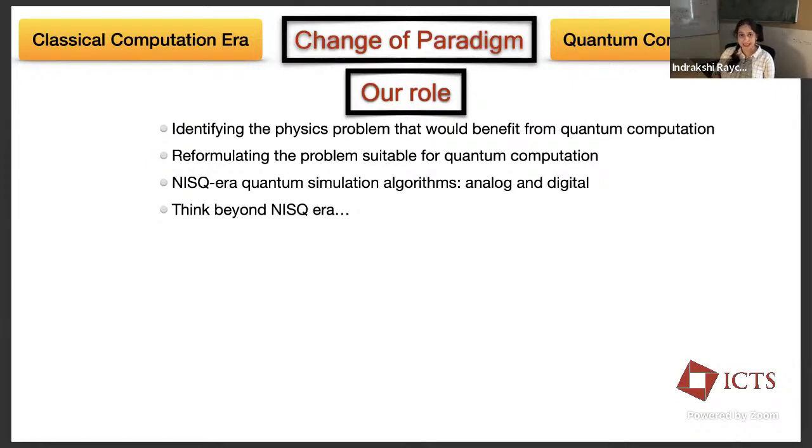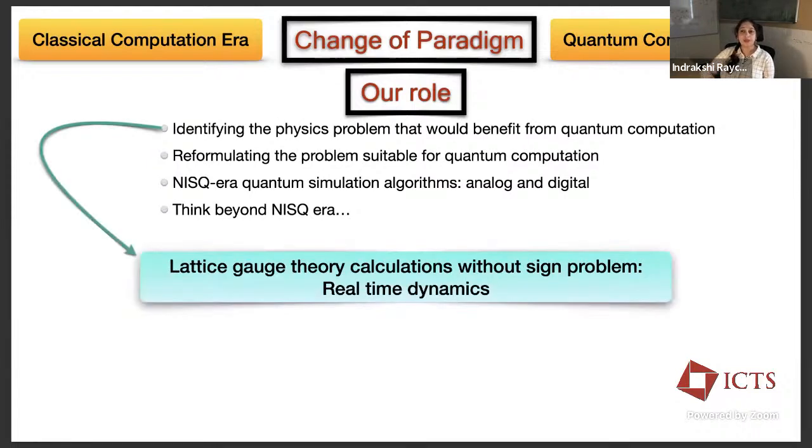So lattice gauge theorists have already found that quantum computing hopefully will be really useful to solve certain unsolved regimes of lattice QCD problems, such as doing computation without the sign problem, dealing with real-time dynamics and all.